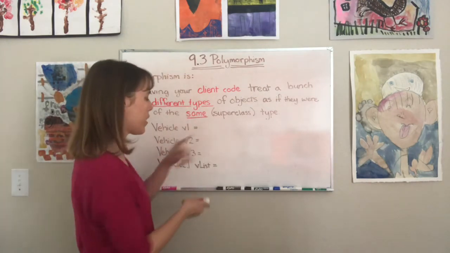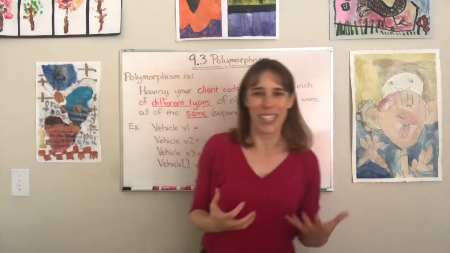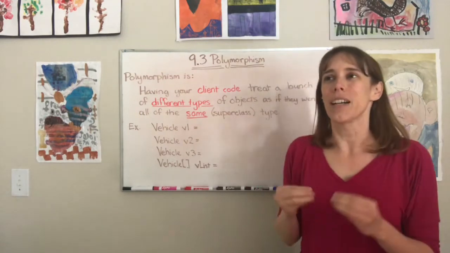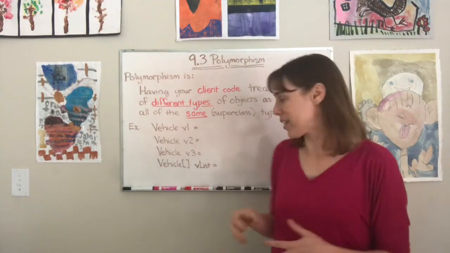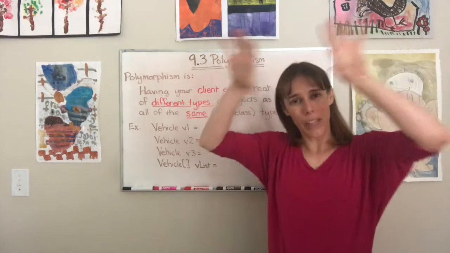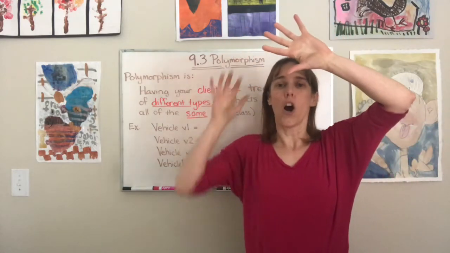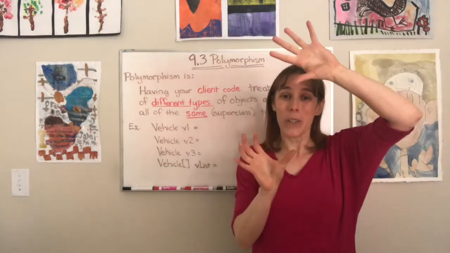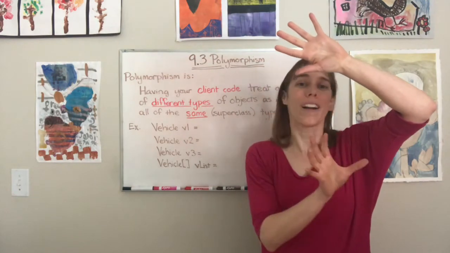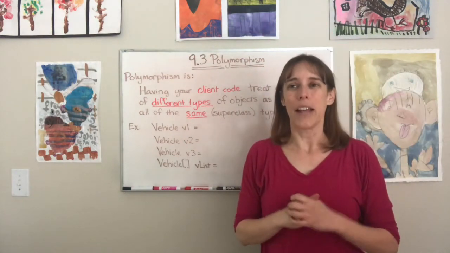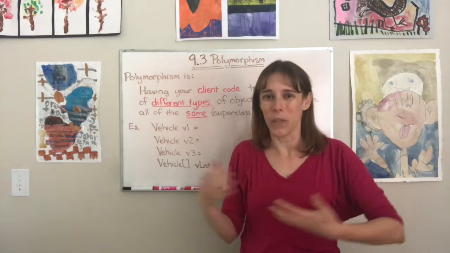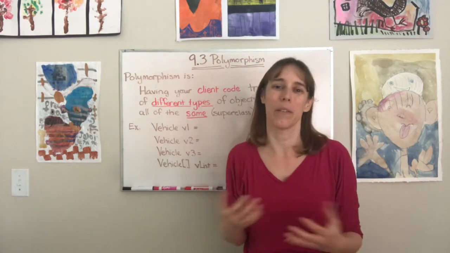And I threw superclass in there because that's kind of how you're going to see it here, right? We talked about a vehicle hierarchy. So you have vehicles up here, and then a car is a vehicle, and a motorcycle is a vehicle, and a truck is a vehicle, right? And you could put all of those things into one array, and you could treat them all like they were vehicles.